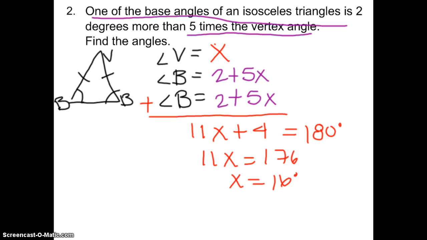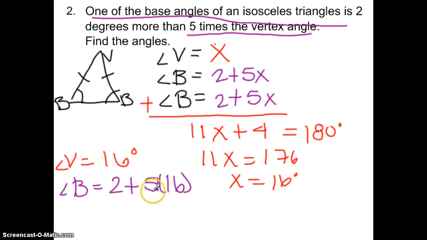So here we found that our vertex angle equals 16 degrees, because our vertex angle is x. For both of our base angles, we're going to plug x back in: 2 plus 5 times 16 is going to be 82 degrees.